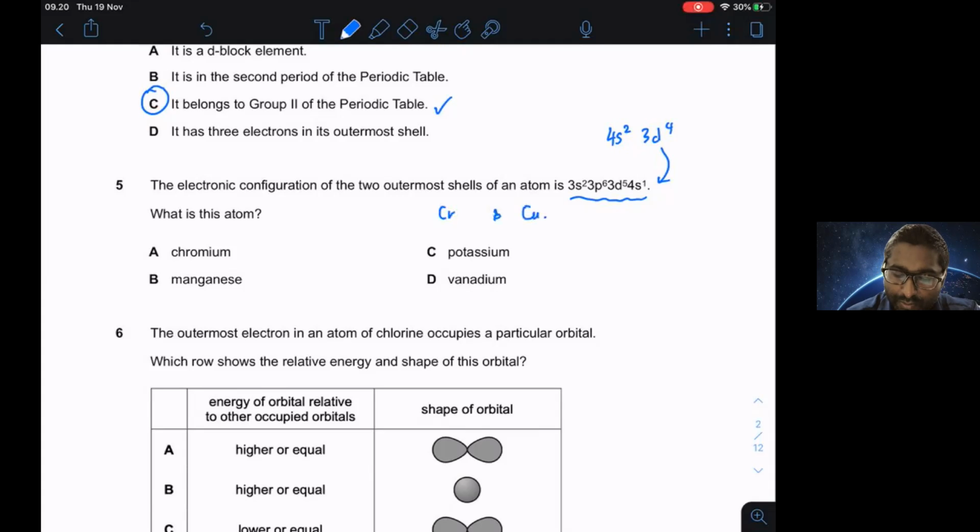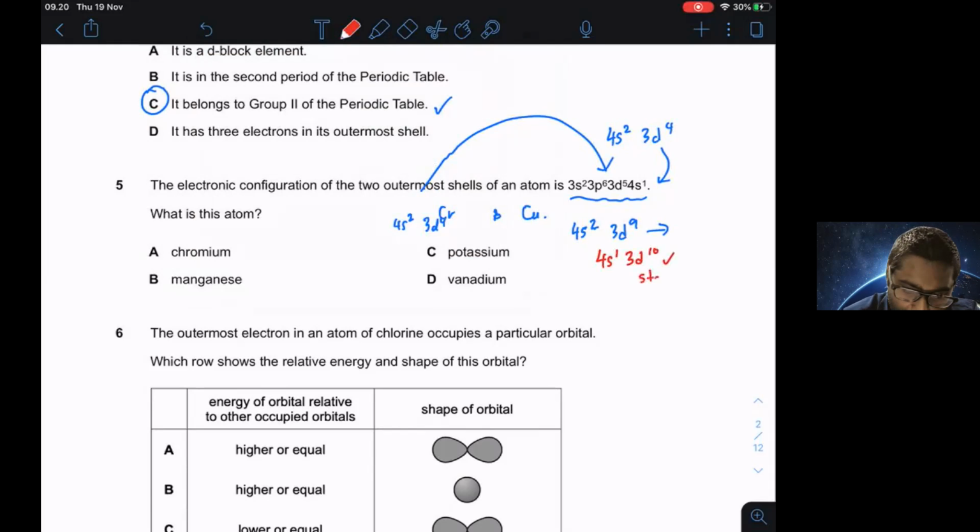Chromium is supposed to be 4s2 3d4, but actually has 4s1 3d5. For copper, it's supposed to be 4s2 3d9, but we don't write it that way. We write it as 4s1 3d10, which is more stable. So take note of this. In this case, the answer is chromium.